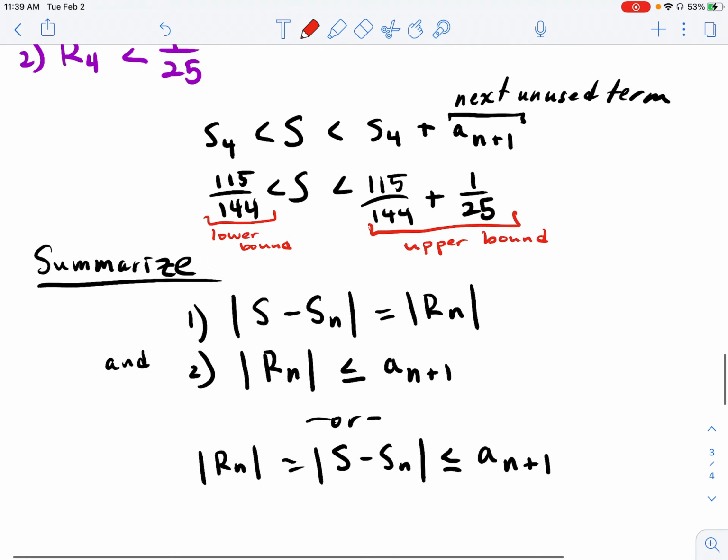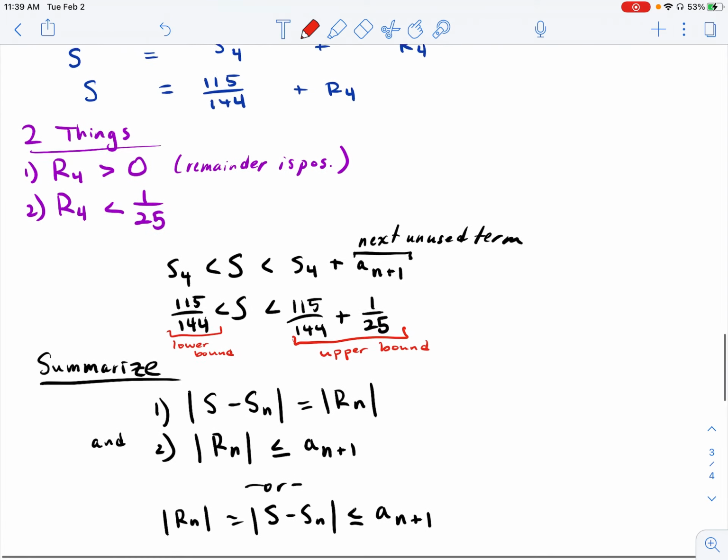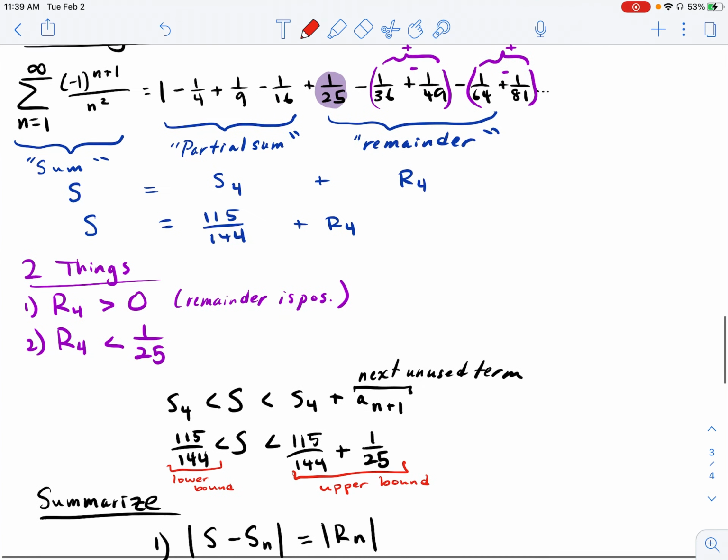To put this really simply into words, what we're effectively saying is the following. For an alternating series, I can approximate its sum by looking at some partial sum. Obviously, the more terms that we have, the better our approximation is going to be. Our error is simply our remainder.